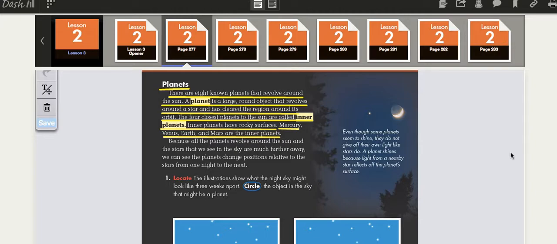So it has rocks, it has a rocky surface. And the 4 inner planets are Mercury, Venus, Earth, and Mars. So the closest one to the Sun is Mercury, then Venus follows it, then Earth, and then Mars.